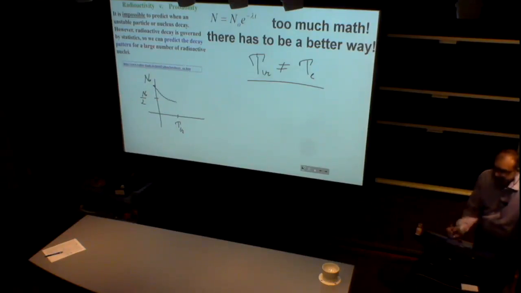That's what it is. How do we write it mathematically? Well, N initial over 2 should be equal to the initial.